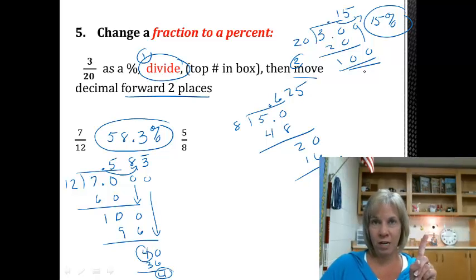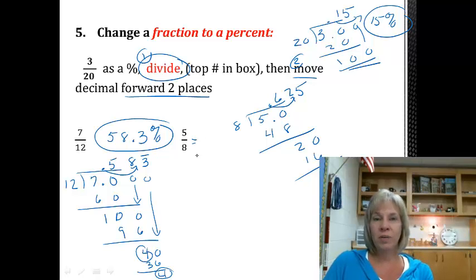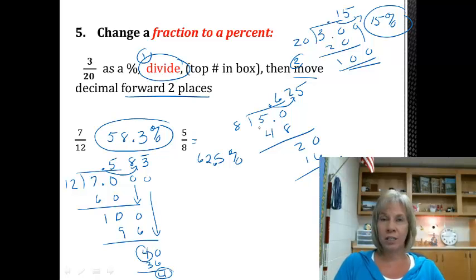Okay, that's the first step. Don't forget the second part, moving your decimal over. So this would be 62.5%, and add your percent sign on the end.